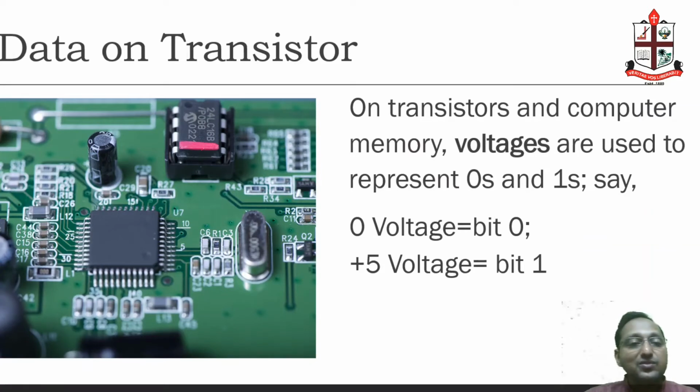Now, when it comes to transistor or computer memory, zeros and ones are represented with the help of electric voltages. Say for example, 0 voltage is used to represent logic bit 0, and say for example 5 volts are used to represent logic bit 1.